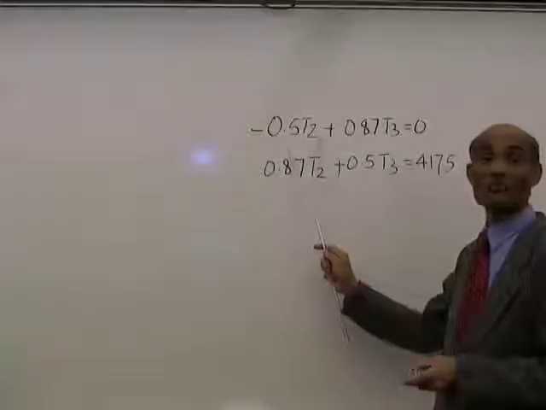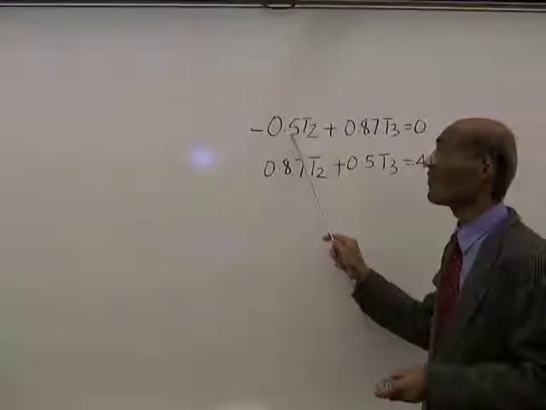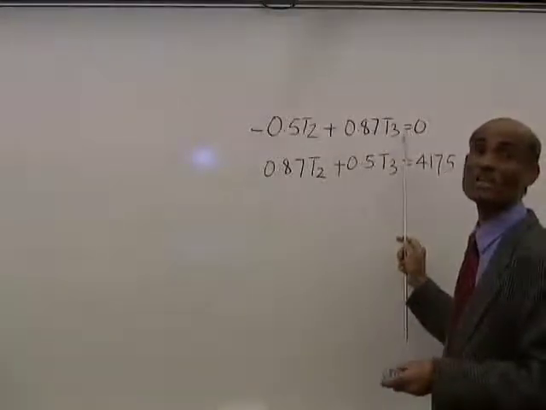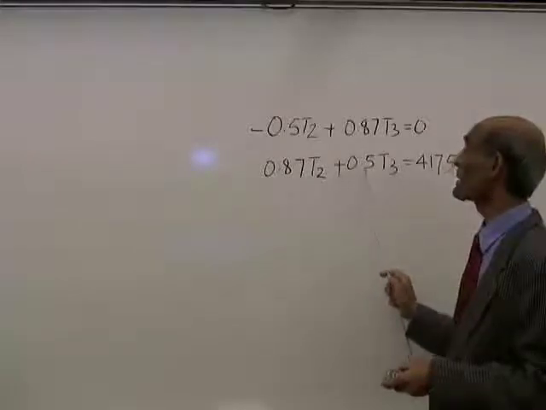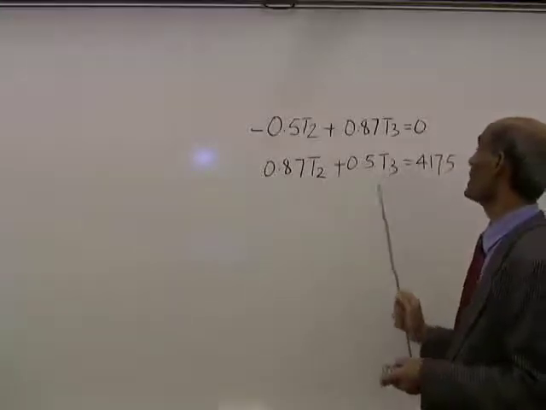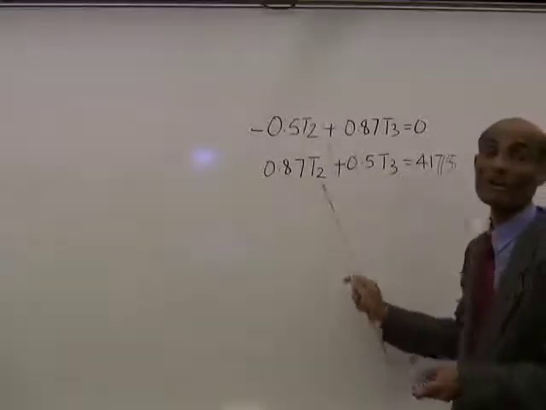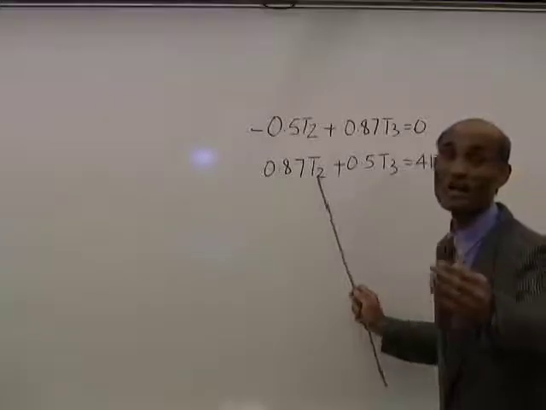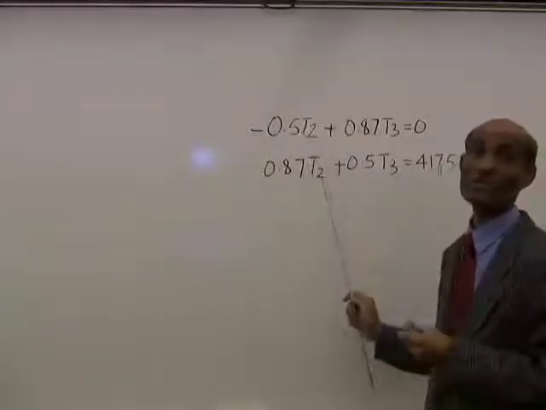Now, these are the 2 equations we have. Negative 0.5 T2 plus 0.87 T3 equal to 0. 0.87 T2 plus 0.5 T3 equal to 417.5. Now write this on a piece of paper so that when I show you, the equations are in front of you, because I'm going to take this off.